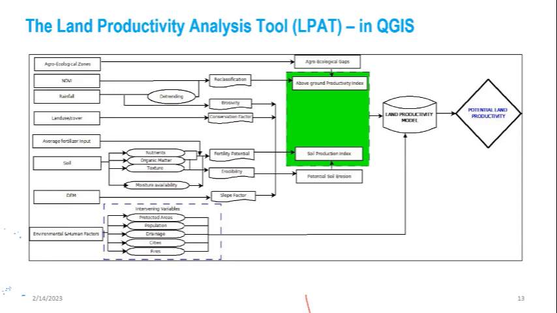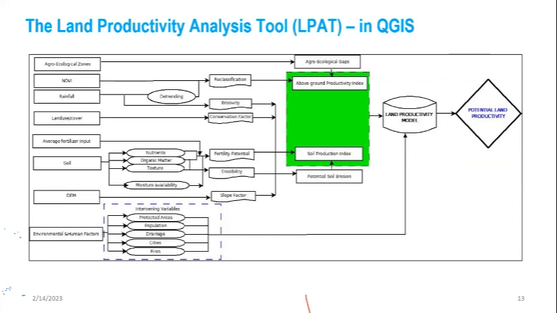Then we used digital elevation models. We looked for data related to different land uses and then put them in the model. We ran these models and then assessed the relationship between the various data sets and then used that information to develop this land productivity. More on this was already explained by Professor yesterday.